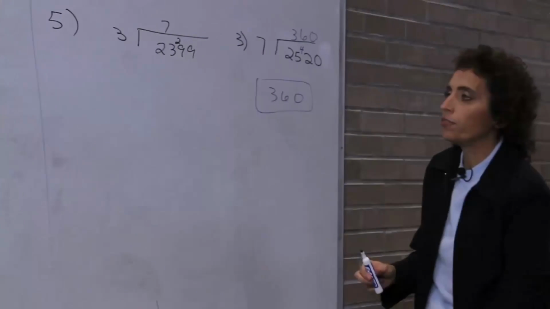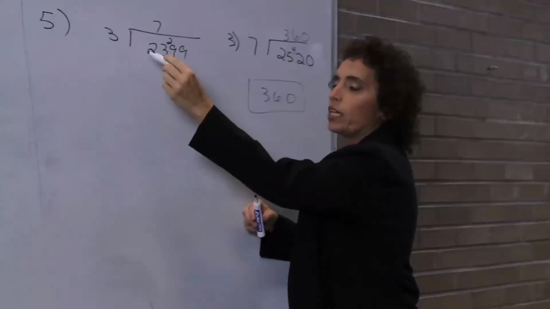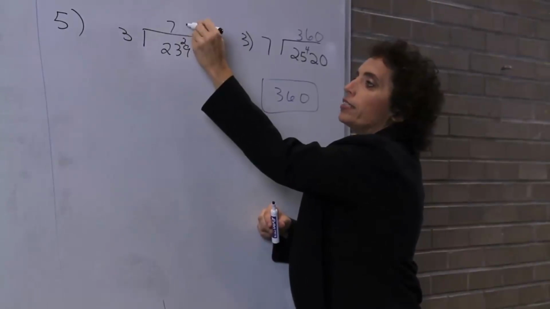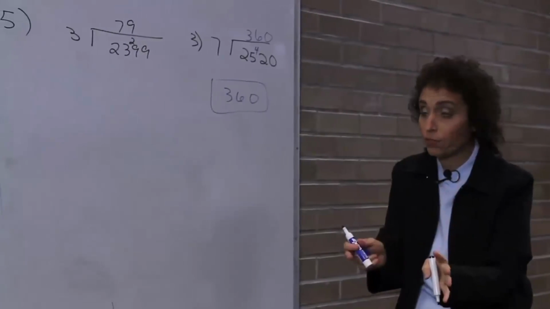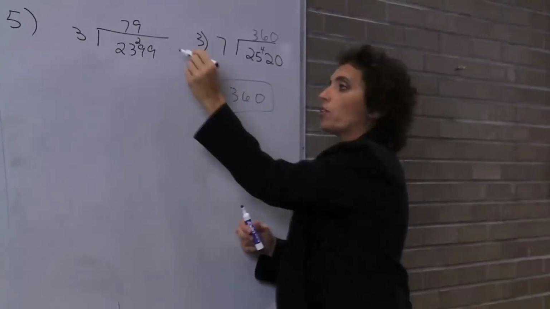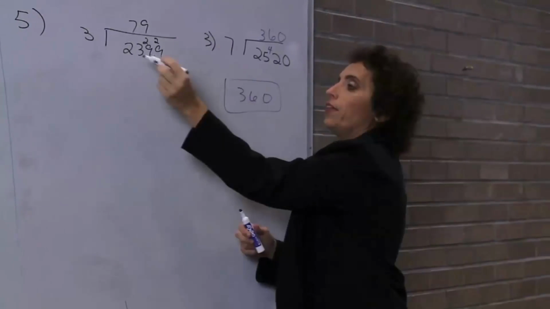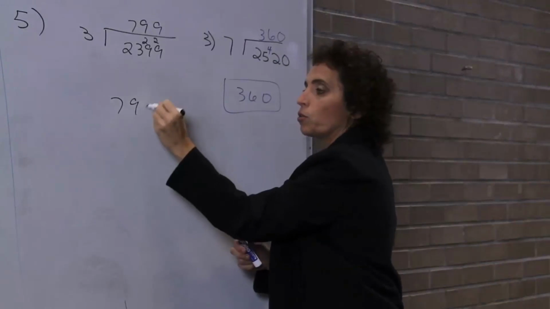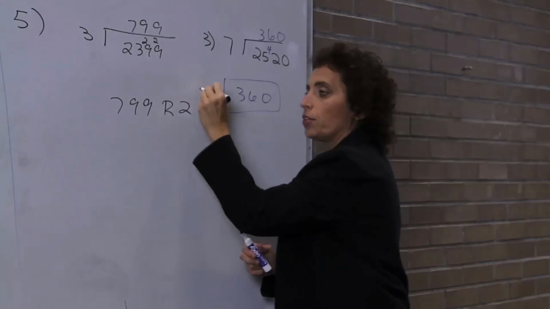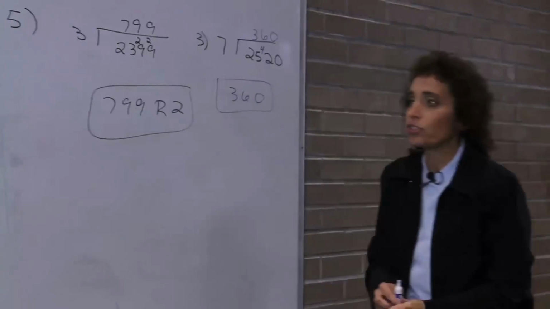There's your leftover of 2. 3 goes into 29 9 times, because 9 times 3 is 27. Understand, if you don't have your multiplication facts down, this is going to be hard. So there's a remainder of 2 again, and then again a 9, and that's 27, so there's a remainder of 2. So it's 799, remainder 2. So that's the answer for that question.